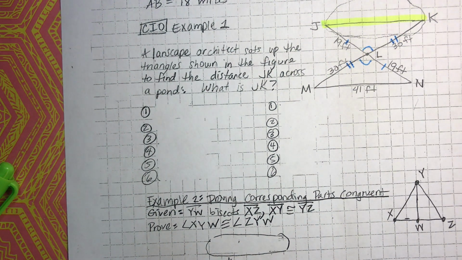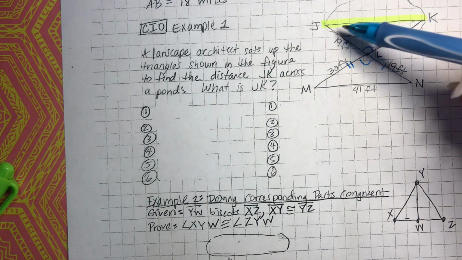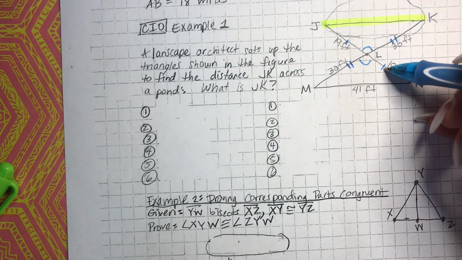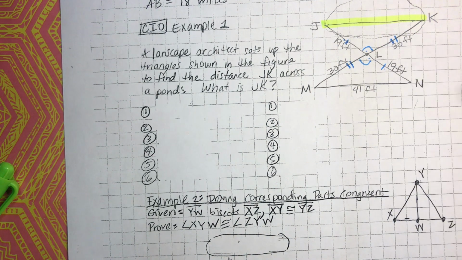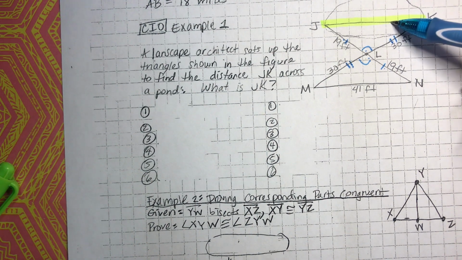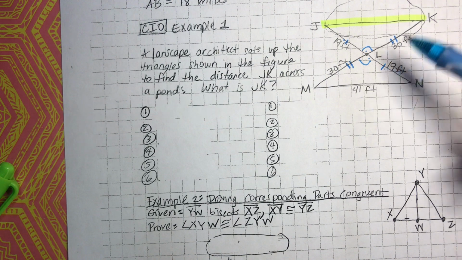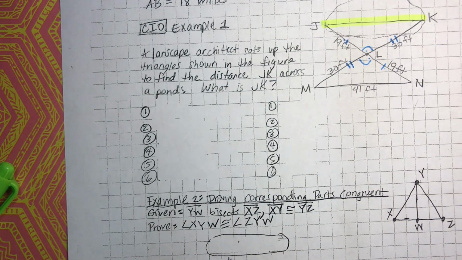So do we have two congruent triangles? Do you know why? Side angle side, side angle side. Yes, these two triangles are congruent because of side angle side. Therefore, we can figure out this third side because we know over here it's 41, so that means that this must be 41 because of CPCTC.